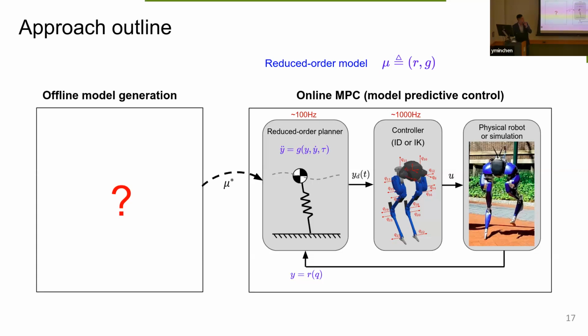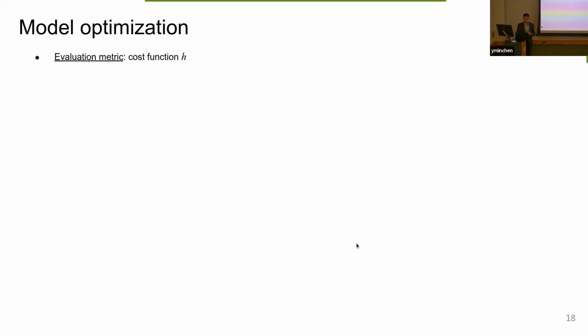So the goal of this chapter is to generate the model offline, find the optimal model, and then use it in the MPC. So in order to optimize the model, we need a metric to evaluate the performance. And I use a cost function H.